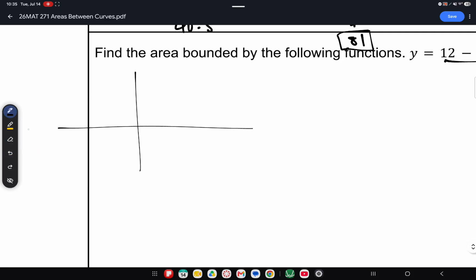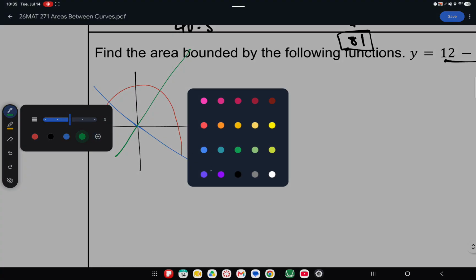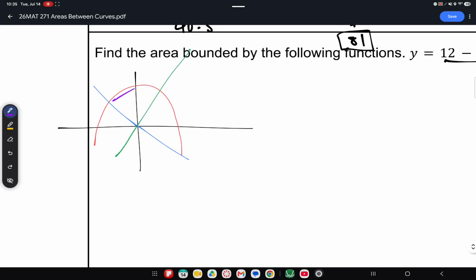I have my axis, and I'll do 3 different ones. So I have something like this. Something like that. And something like that. Let's do purple. All right. So I have 2 different areas that I want to do, right?